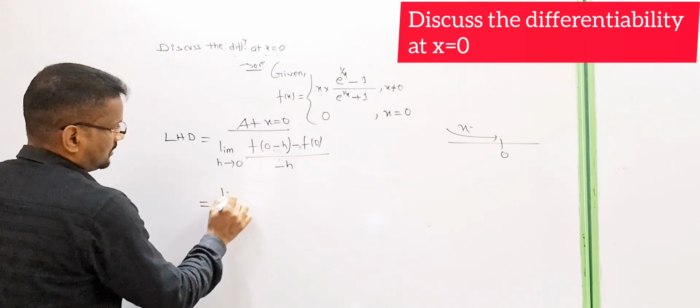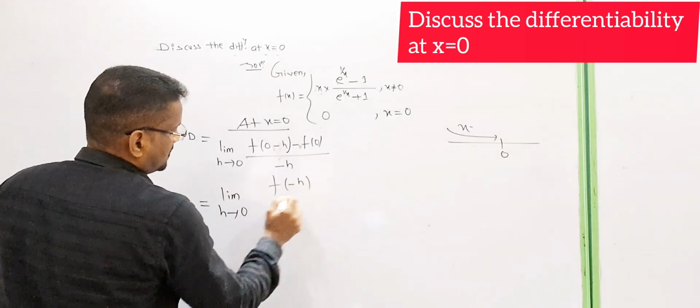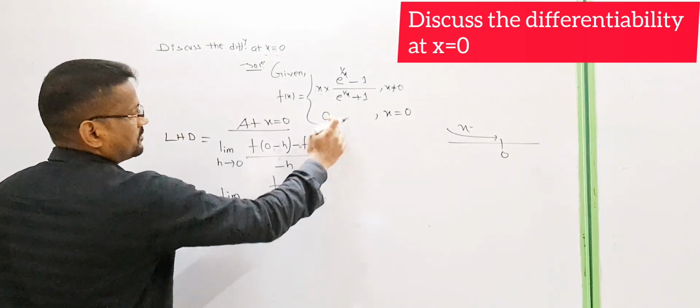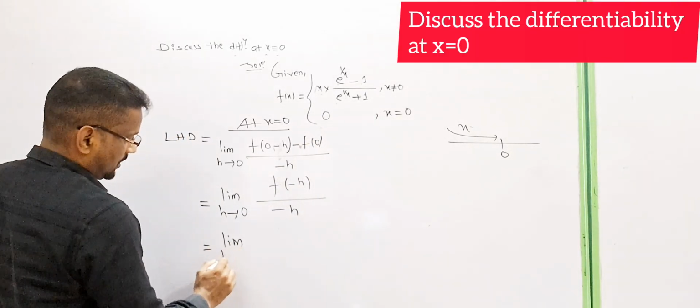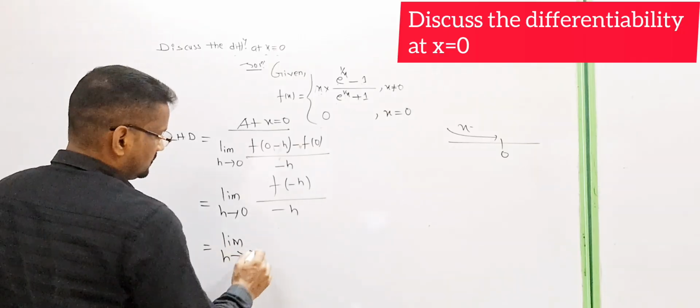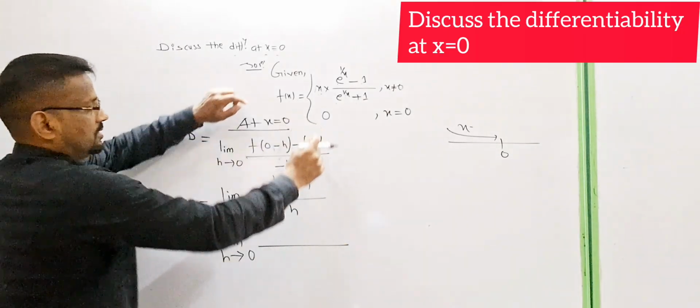Now, limit h tends to 0, f of negative h minus f of 0 divided by negative h, and f of 0 is 0. Equal to limit h tends to 0, f of negative h.